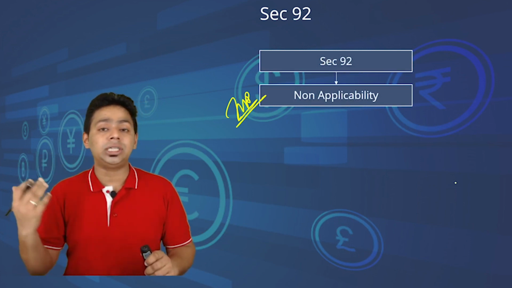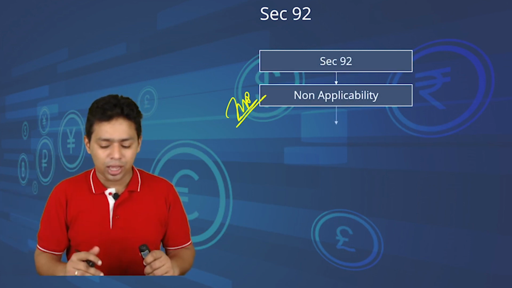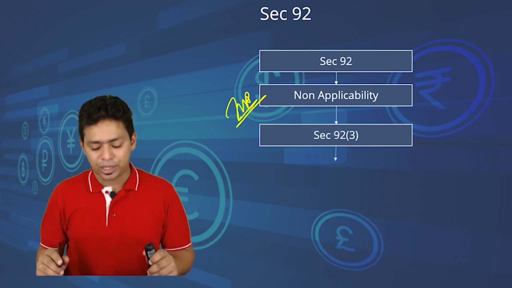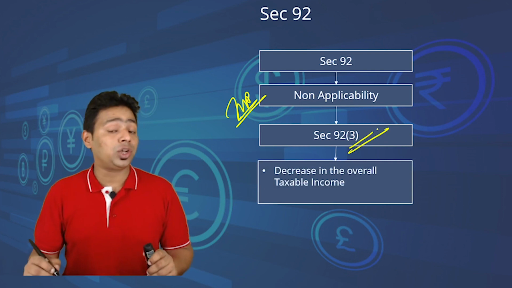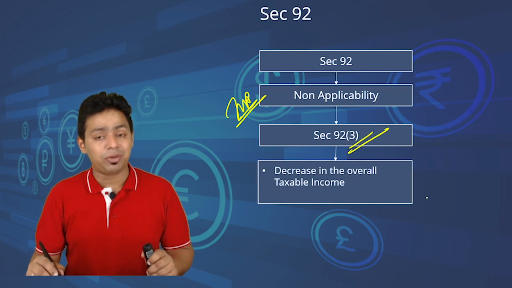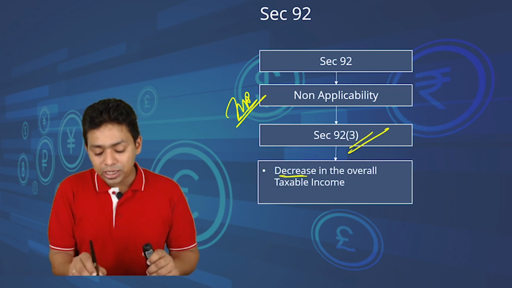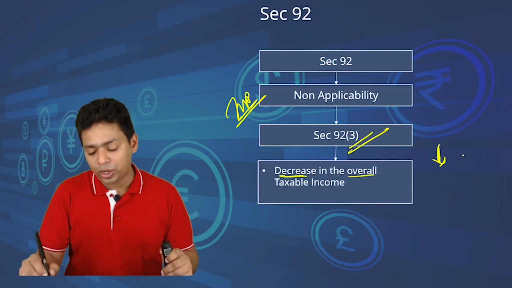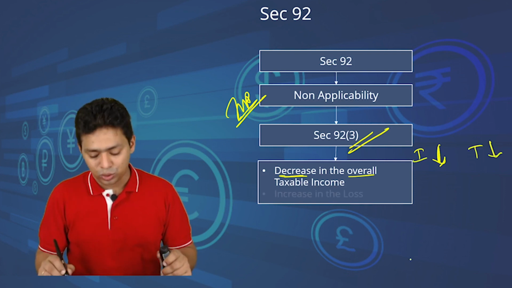Whenever there is an adverse effect on the tax system of India, we will surrender the transfer pricing provision, we will ignore the transfer pricing provision, and that is written in section 92 subsection 3. Very important. Whenever there is a decrease in overall taxable income, so whenever taxable income is going down, obviously when income goes down, the tax amount will also go down.